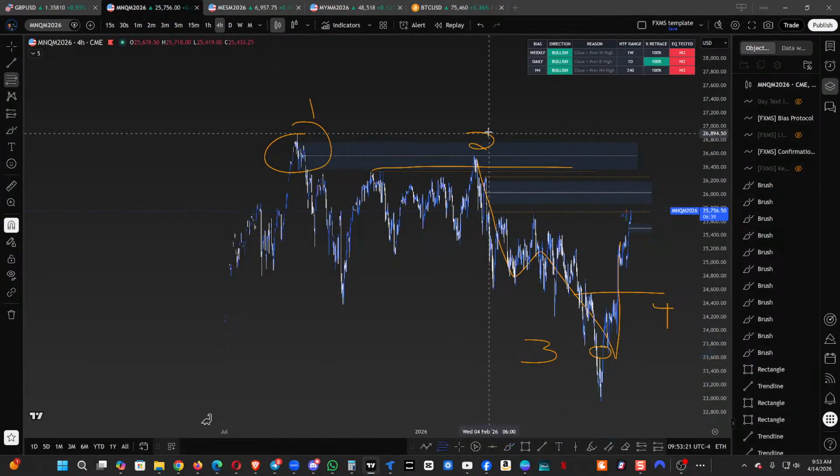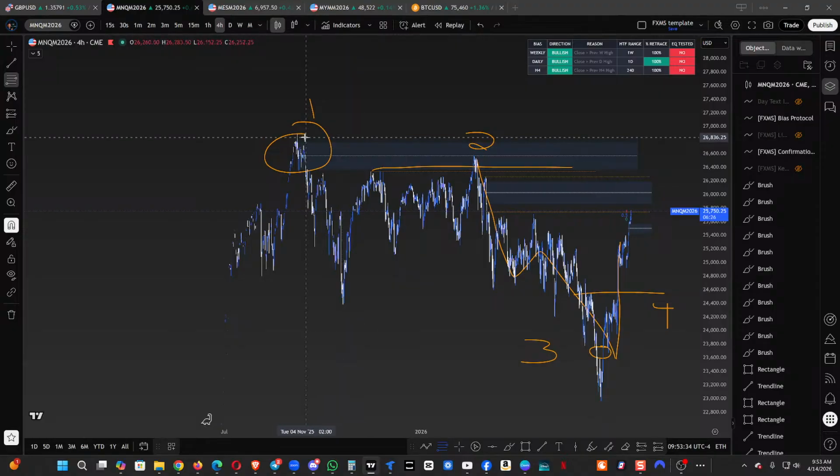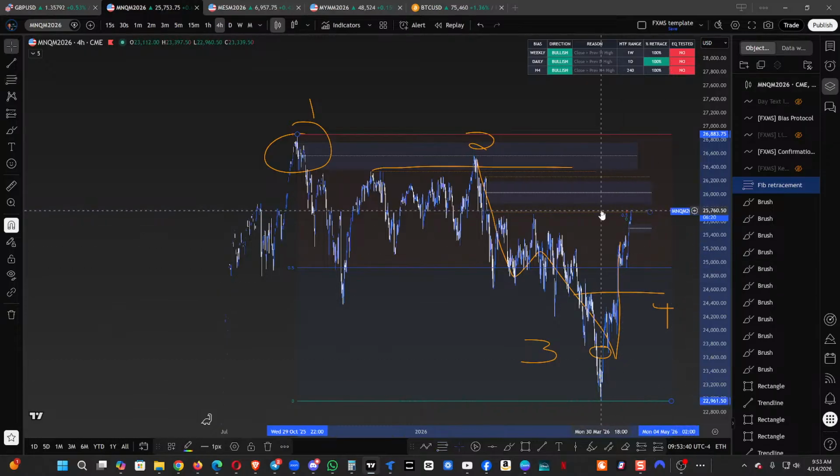So we have from the sweep, which was confirmed with the displacement, right? We have our range, this low to this high, right? Let's go from here. This is the original low, right? And now what we want to see is inside of our premium, right?